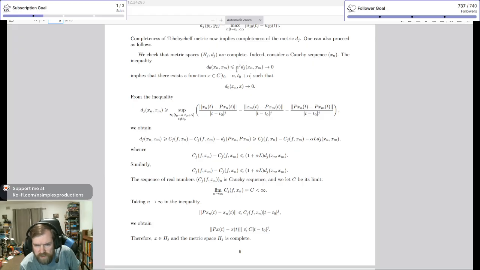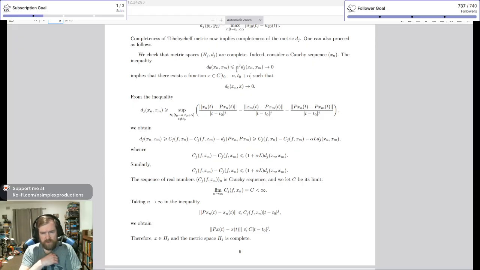The sequence of real numbers C sub j of f x sub n is a Cauchy sequence. We let C be its limit. The limit as n goes to infinity of C sub j of f x sub n is C, which is finite.